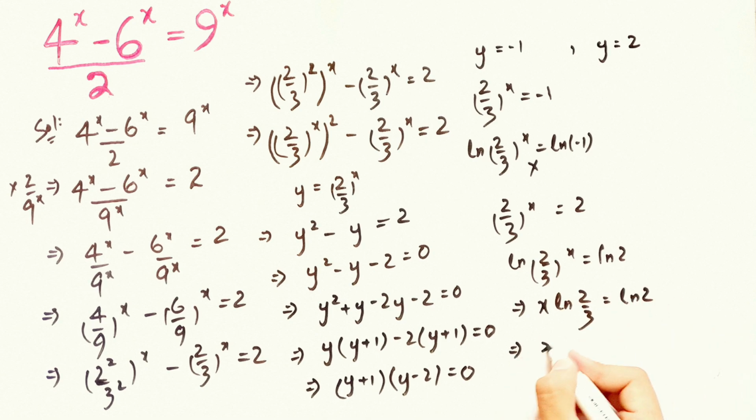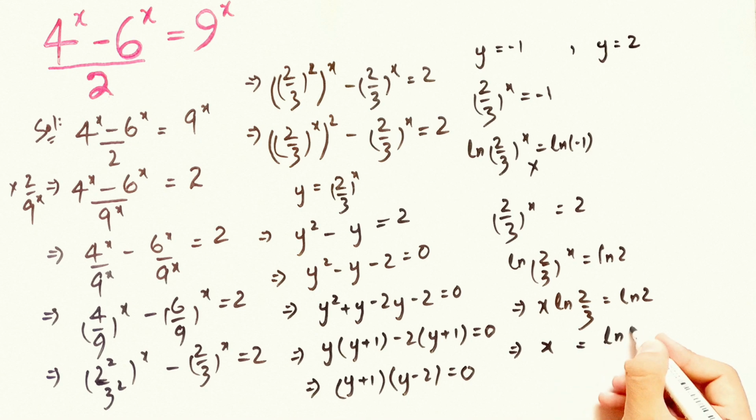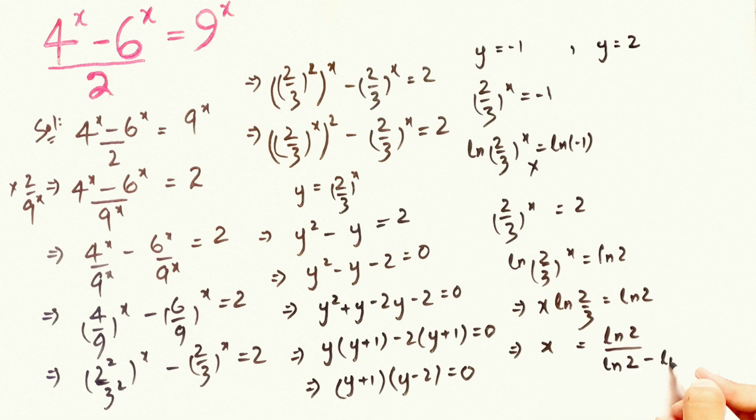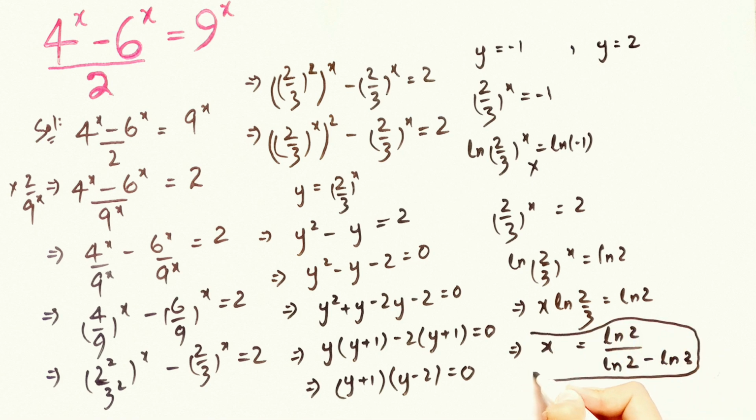Now finally we have x equals ln 2 divided by ln(2/3). Dividing both sides by ln(2/3), we get x = ln 2 over ln(2/3), and then again using the property of logarithm, we can write ln(2/3) as ln 2 − ln 3. So we have this as the only solution.